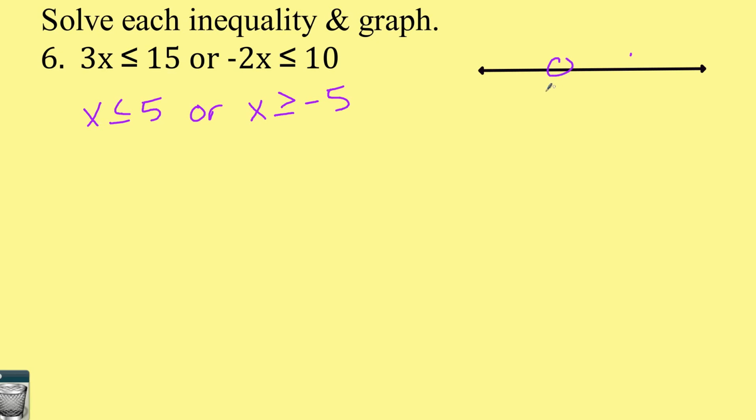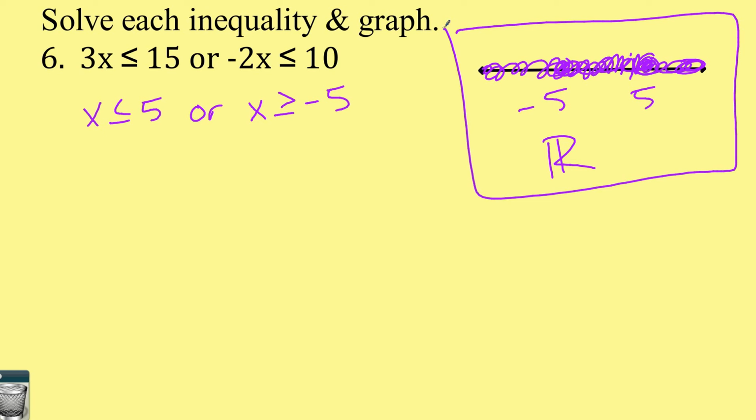So we have 5 and negative 5. Or statement says we shade whatever it says. So less than or equal to 5. And then greater than or equal to negative 5. So our answer ends up being all real numbers, and we end up shading everything.